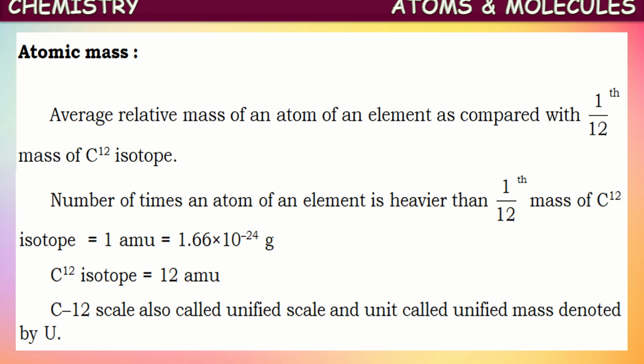So what is the 1/12th part? You need to take the C12 isotope. Generally, carbon exists in the form of three types of isotopes: C12, C13, C14. If you consider the C12 isotope, just divide it into 12 parts. Each part is nothing but 1/12th part of the C12 isotope. That 1/12th part is equal to 1 AMU, 1 atomic mass unit.